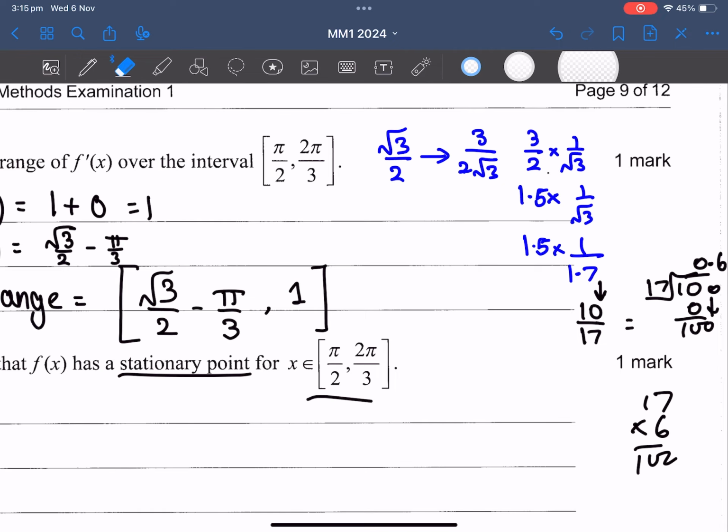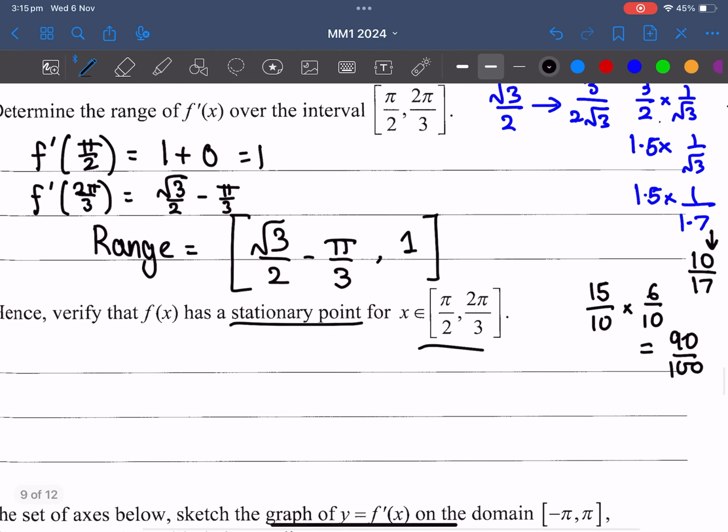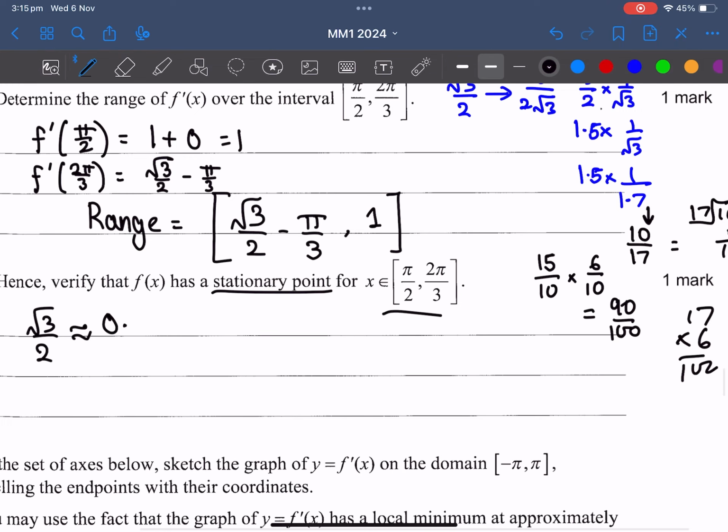So 0.6 of 1.5, so 15 over 10 times 6 on 10. That's like 90 on 100. So we can then say that root 3 on 2 is roughly equal to 0.9.